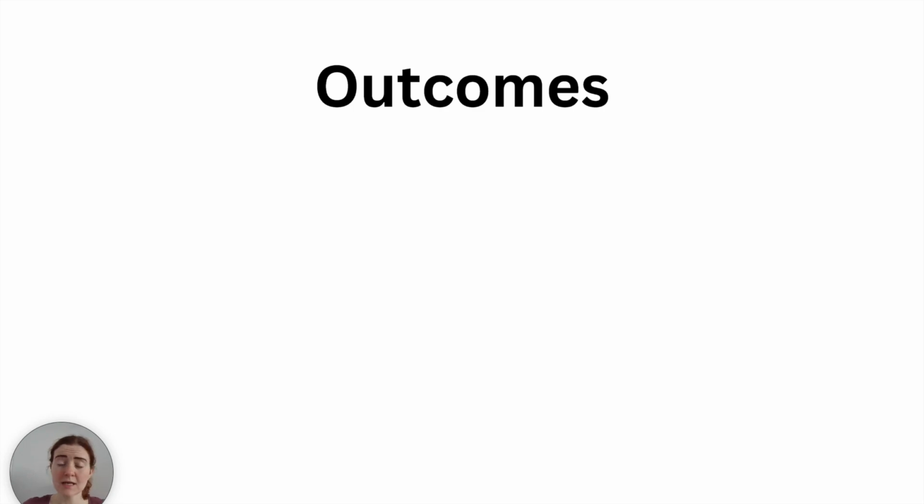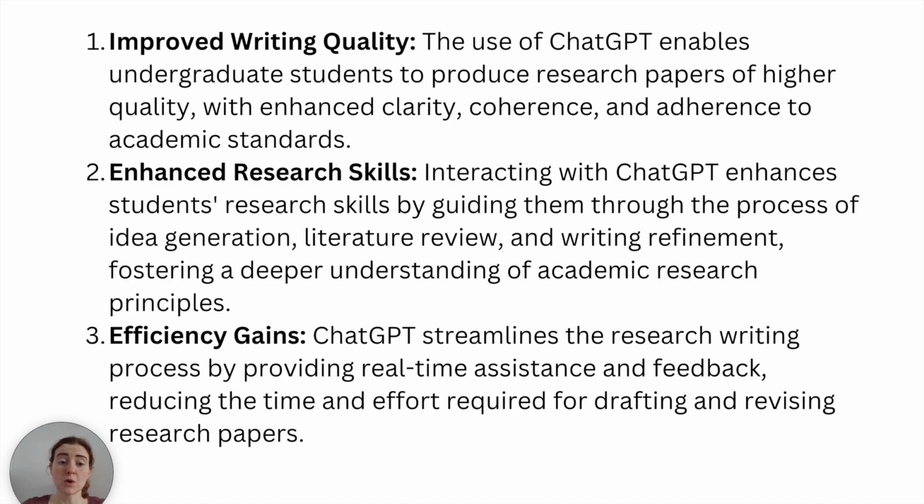Let's have a look at the outcomes now from all of these benefits. The overall writing quality is greatly improved. The research skills are enhanced, and obviously this is a much more efficient way for students to work, right?